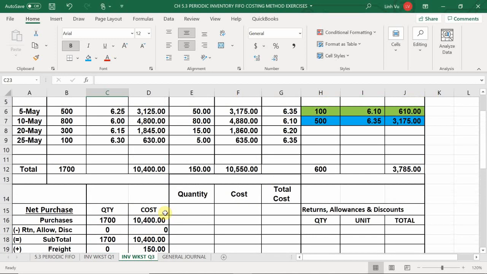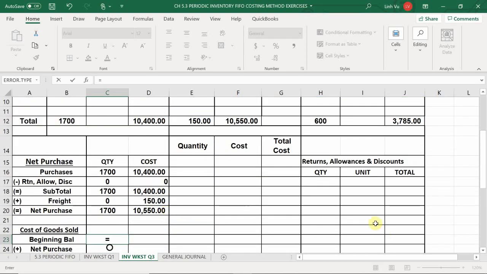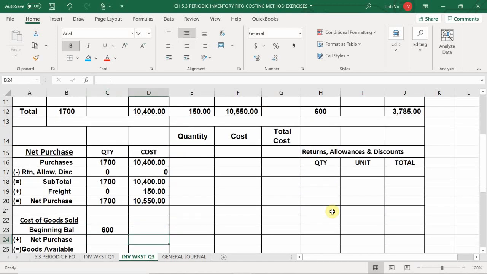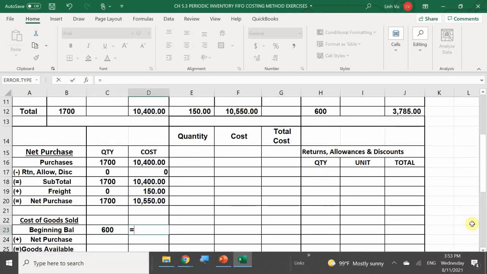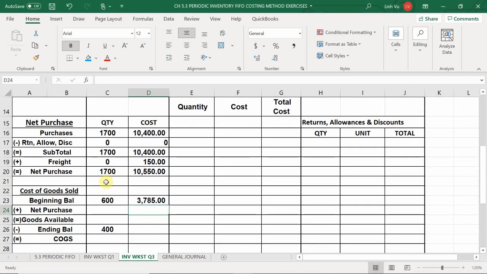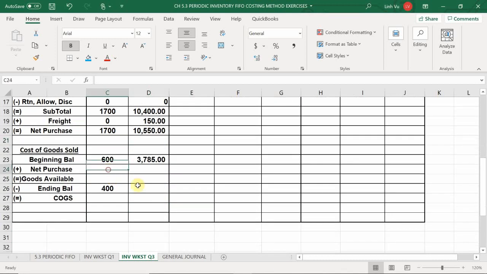And you have a total quantity of 2,300 available.